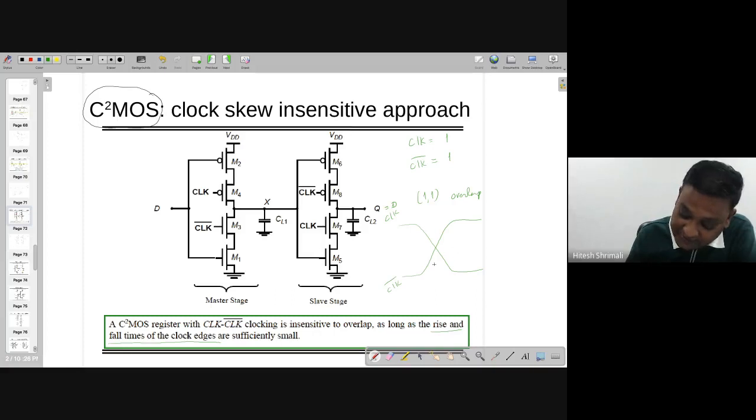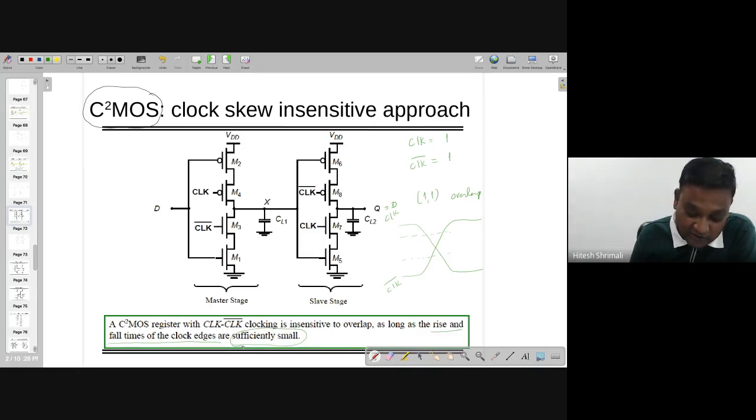So if rise time and fall time are not sufficiently small, they give enough chance when there is an undefined state, or maybe it's in a particular state, then all these four transistors will become on and there is a direct connection from D to Q. So in that case, it's better you keep sufficiently small rise time and fall time.